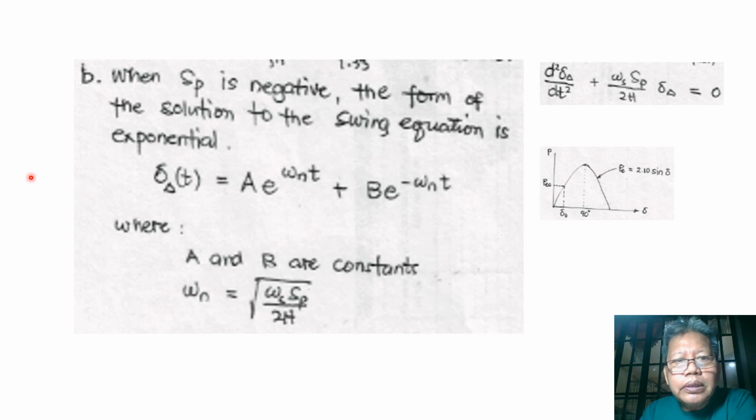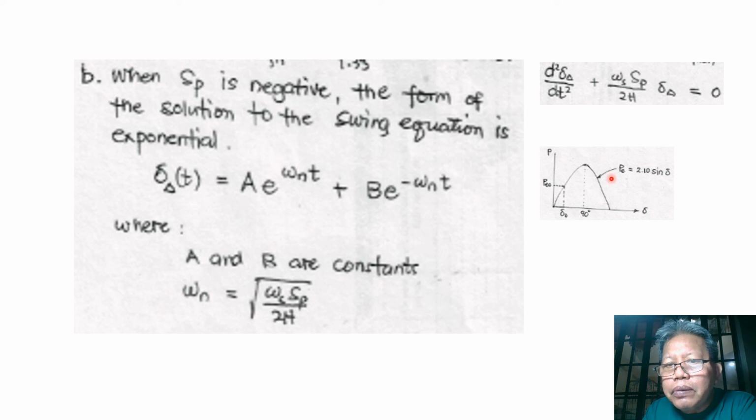Now, another case is when our synchronizing power is negative, meaning it is now at the portion of our power angle curve to the right of 90 degrees, between 90 degrees and 180 degrees, where we have the slope sloping towards the left, and it is already negative.